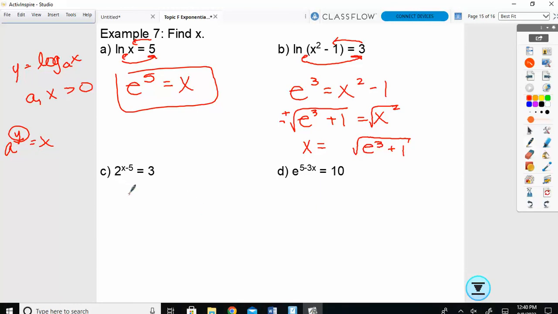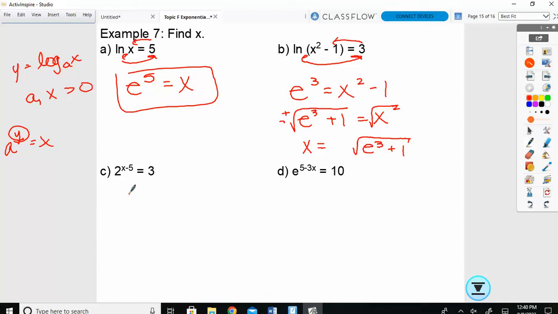Alright, C. 2 to the x minus 5 power equals 3. So does 2 to a power equal 3 that we know of? No, not a nice power anyway. So we have to think about another way to get there. These started out as logs, and then we changed them to exponential.